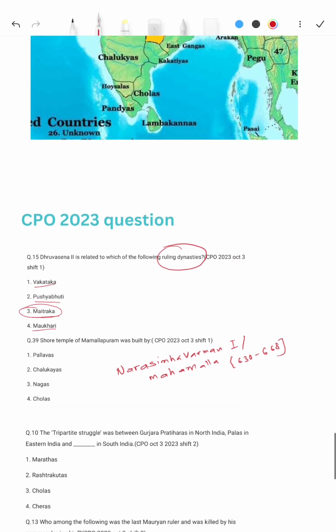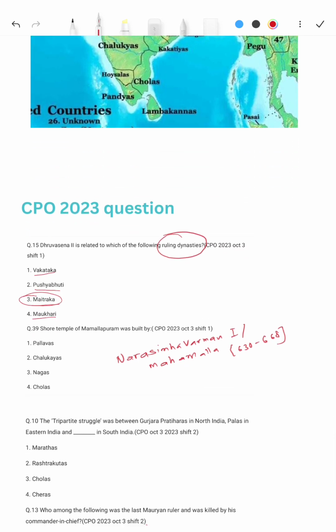And the Shore temple of Mamallapuram was built by Pallavas, Chalukyas, Nagas, Cholas. So Mamallapuram is in remembrance of Narasimhavarman I or Mahamalla, the famous and the most important king of the Pallavas. So the answer is Pallavas.